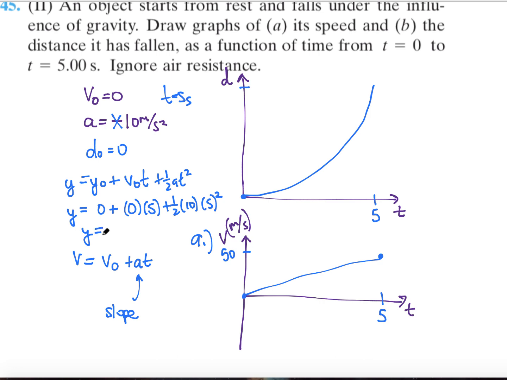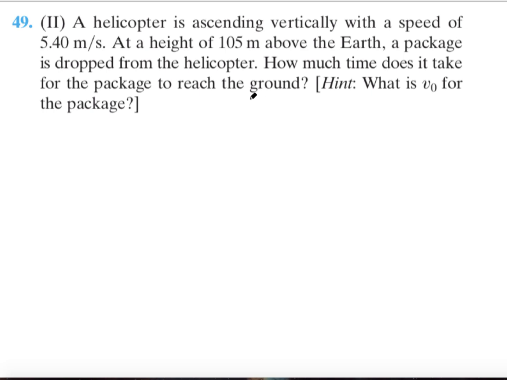So the distance that I fall is actually going to be 125 meters. So that is going to be this position right up here. Distance in meters. So here are my two graphs, and really the only thing that's important is that I find those endpoints. I find where I am at some particular instant, and I can get very nice graphs just from doing that.